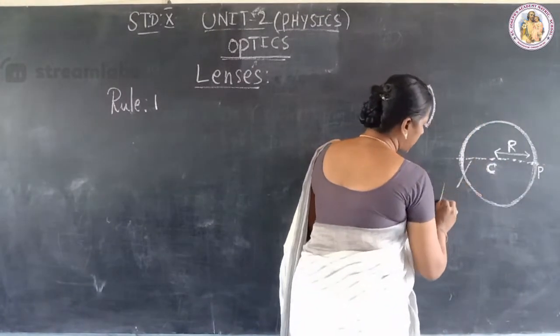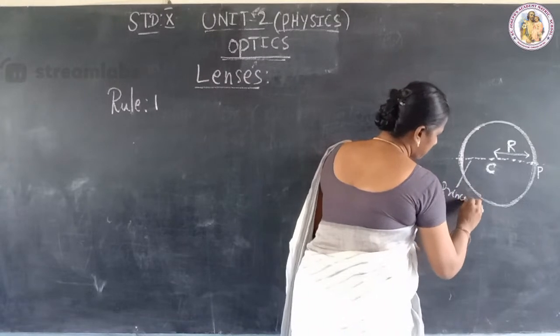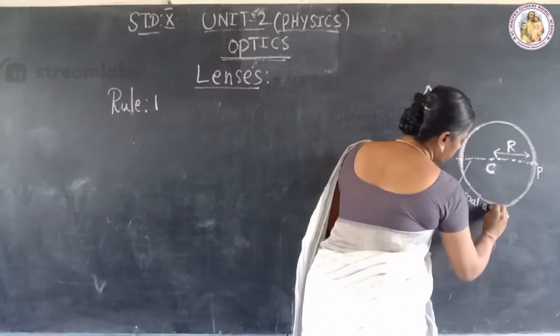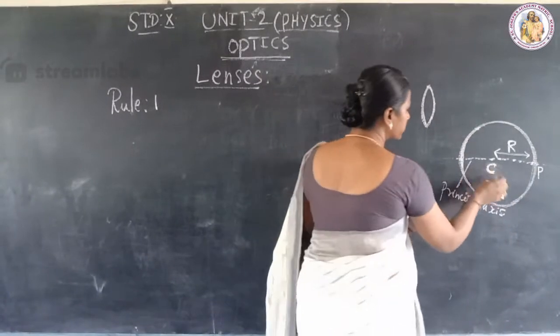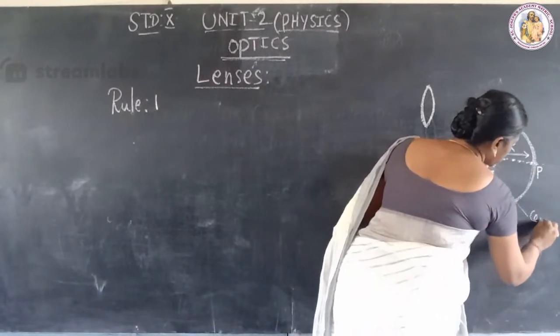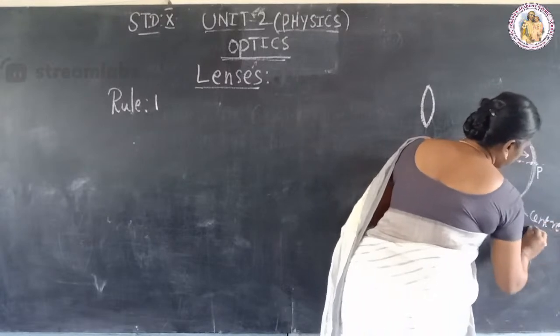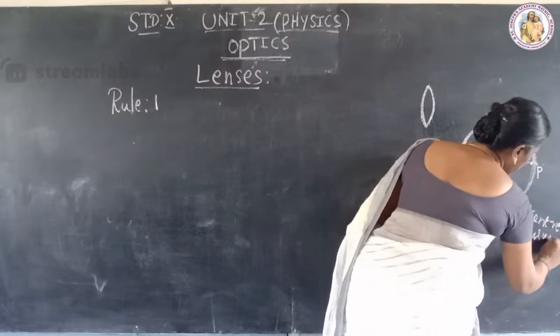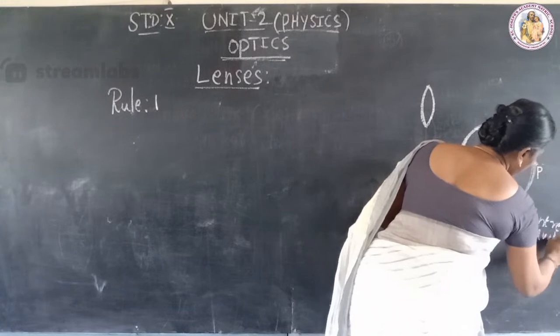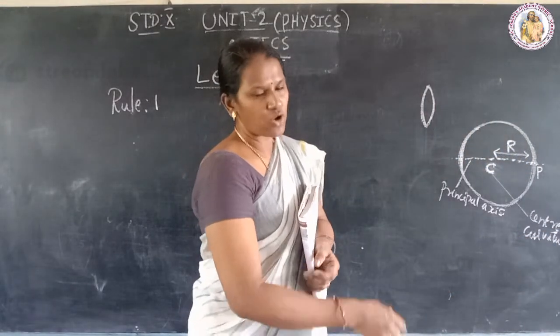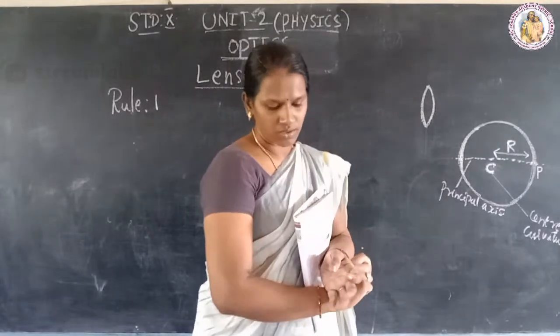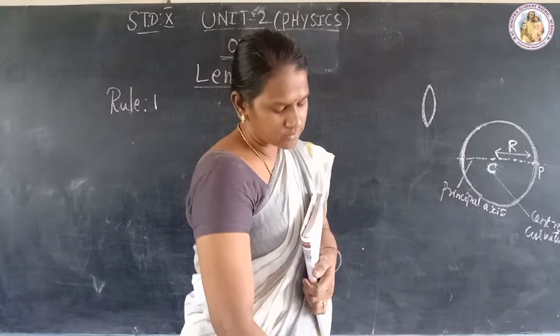This is the principal axis, and this one is the center of curvature, the center of the sphere.